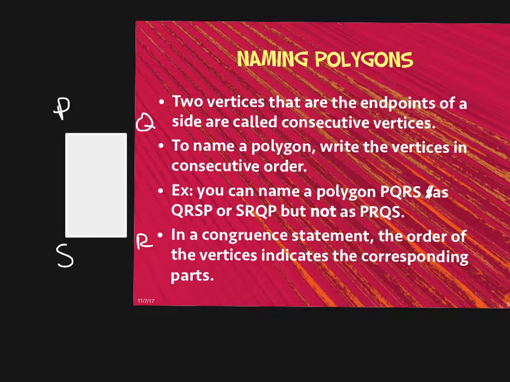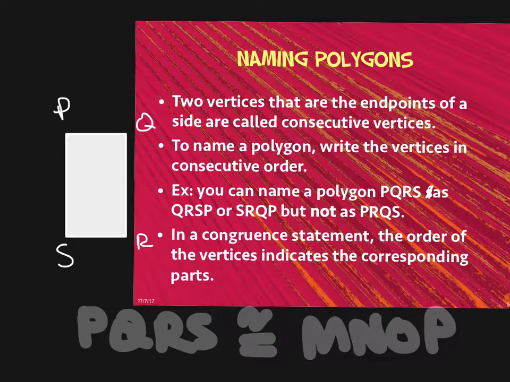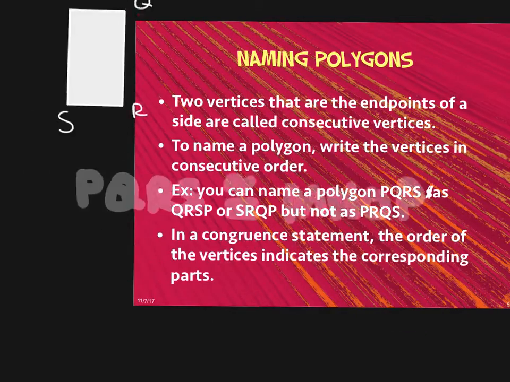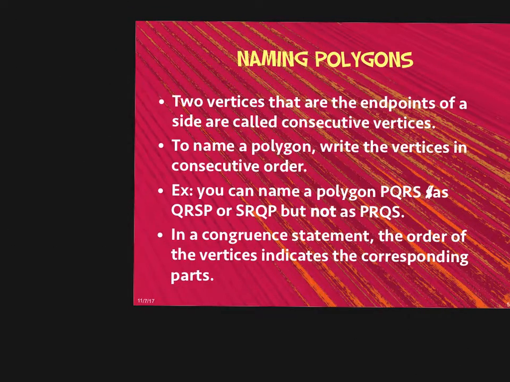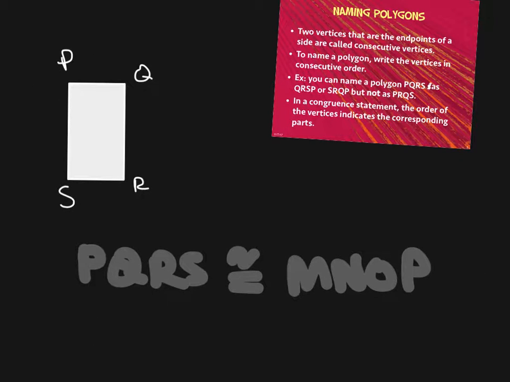So in a congruent statement, the order of the vertices indicates the corresponding parts, which is what we just talked about. If I wrote that PQRS was congruent to MNOP, then what angle corresponds to angle Q? What would be congruent to angle Q?